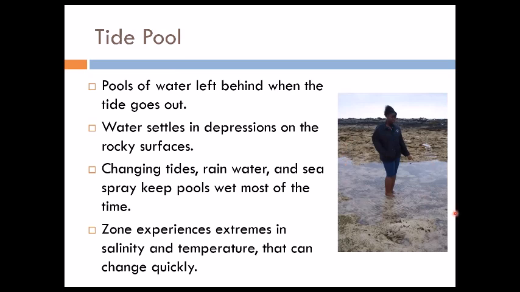You will find a number of organisms living inside this water. You'll once again find things like periwinkles. Sometimes you find sea urchins, sometimes starfish, as well as sea cucumbers. So those are some of the things that you might find living inside a tidal pool area.